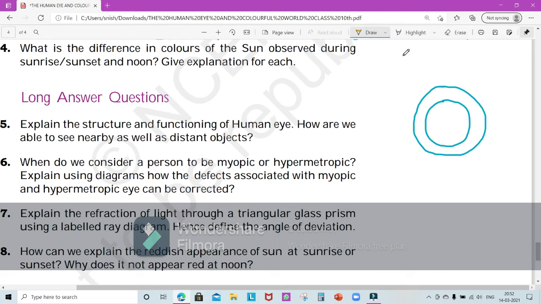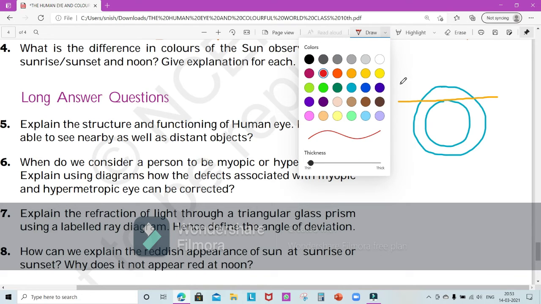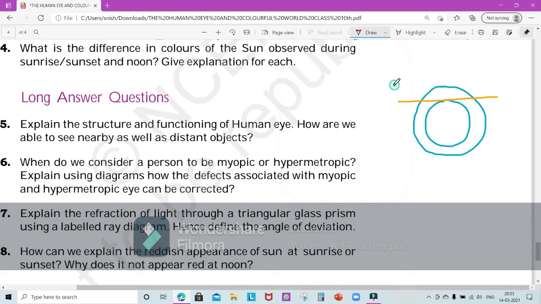Let the horizon be drawn here. Now the position of the sun when it's here, and here, and once it's here.